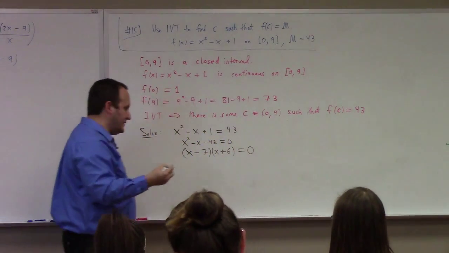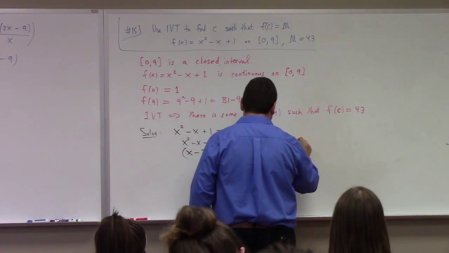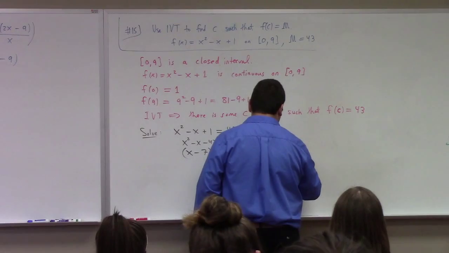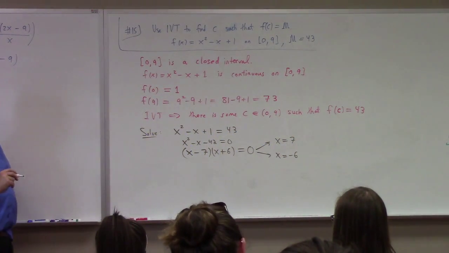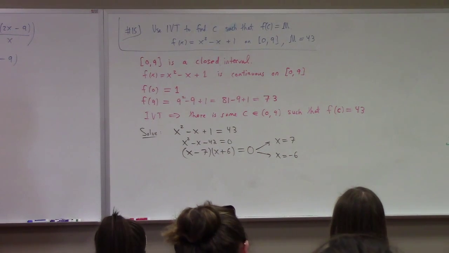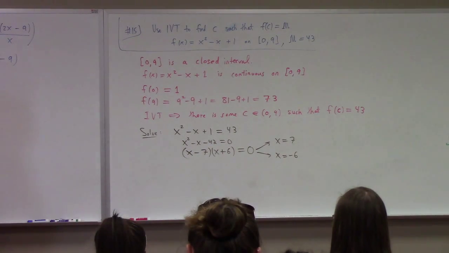So from that, I can read zeros, right? That gives me two solutions. I get x equals 7 as a solution, and I also get x equals minus 6 as a solution. Oh, can negative 6 even be an answer because it has to be between 0 and 9? Well, that's the thing, we have to pick the solution which is relevant.